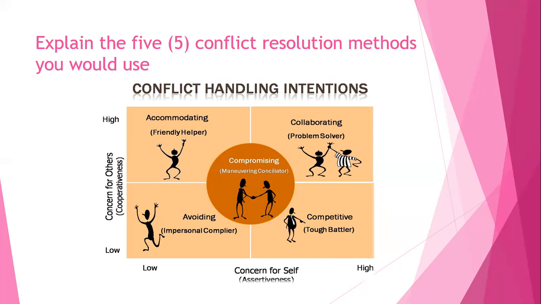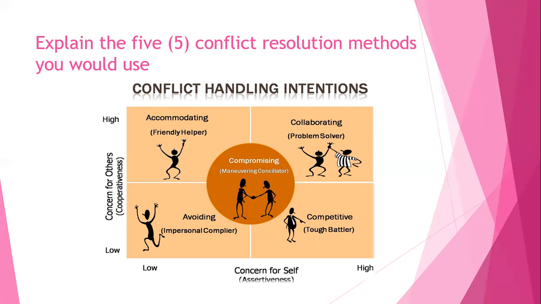We have collaborating, we have competition or being competitive. We have another method which is avoiding, and we also have a method that is at the center of everything, that is compromising.